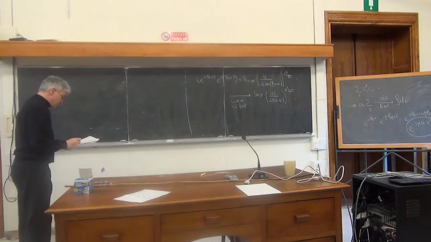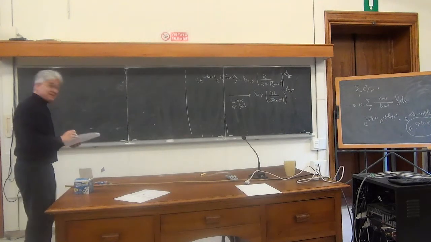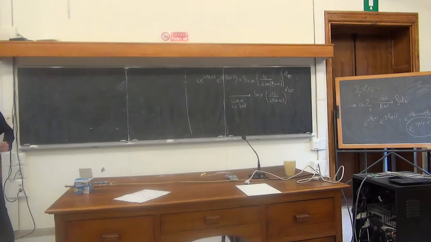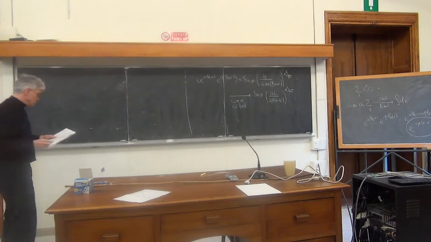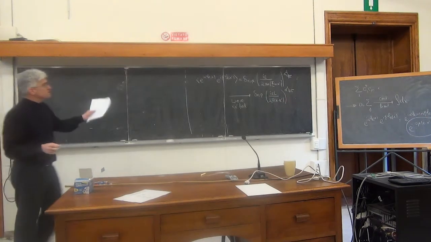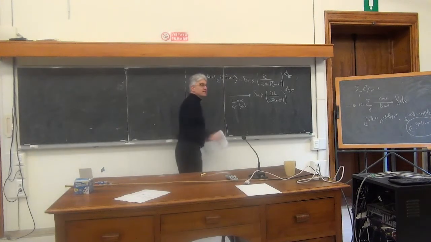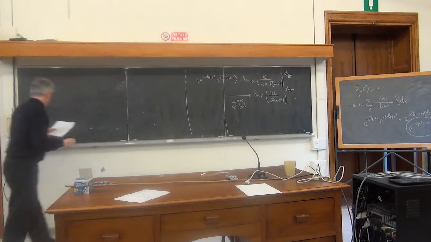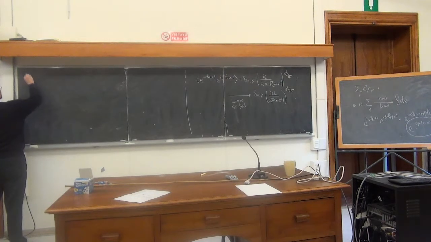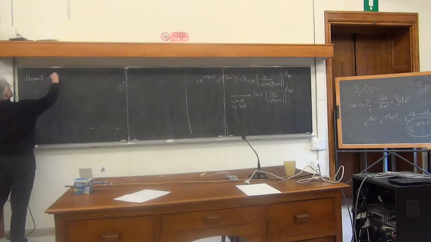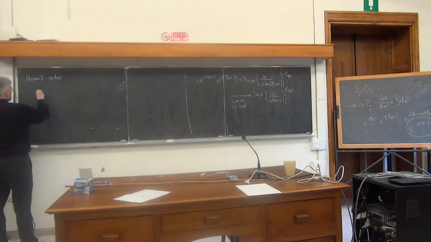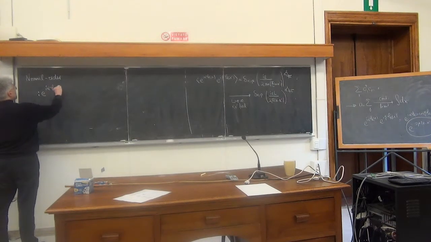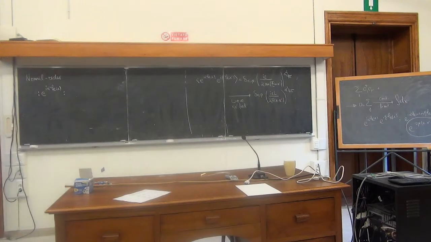Now what I want to do is, it turns out it's very convenient to work with normal ordered operators rather than the non-normal ordered ones I've used here. So we want to normal order, and work out what e to the i alpha phi right of x is, normal ordered.